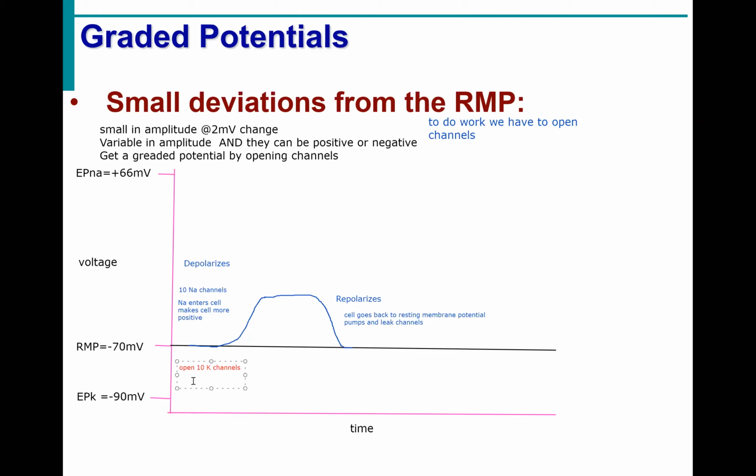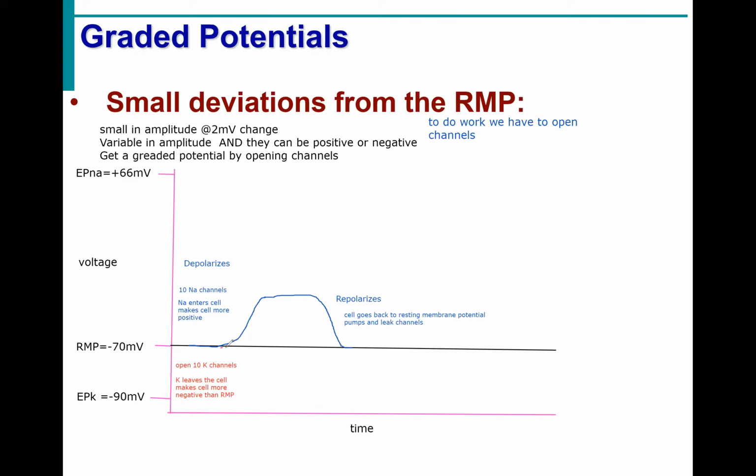If we open a potassium channel, which way is, you absolutely have hit it with the right word, absolutely. In this case, the immediate effect of this is that potassium leaves the cell. And when it leaves the cell, that makes the cell more negative than the resting membrane potential.